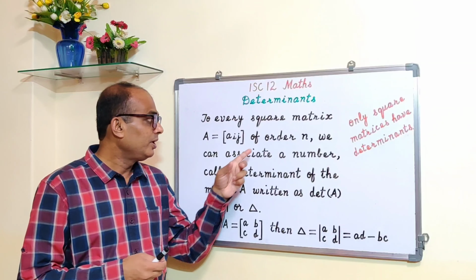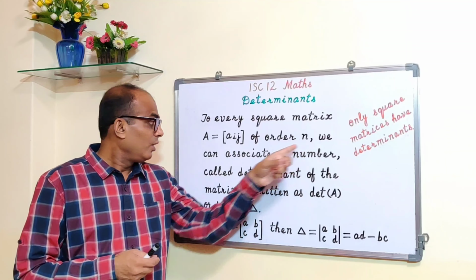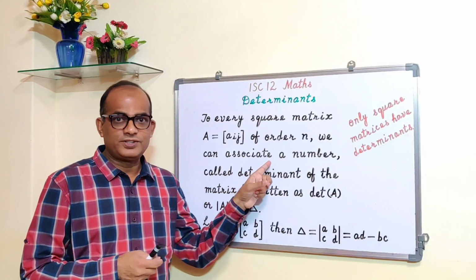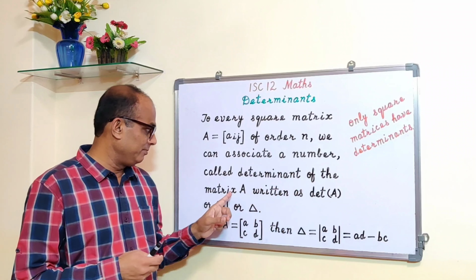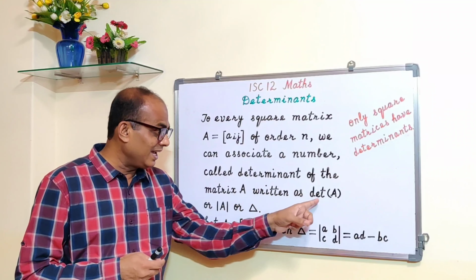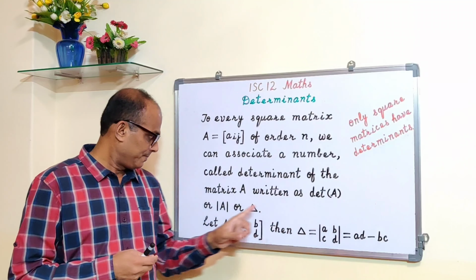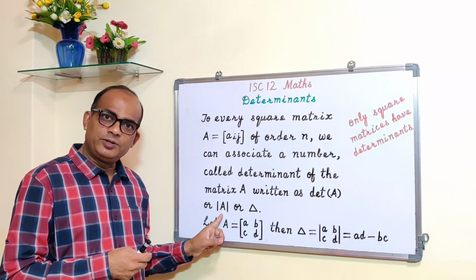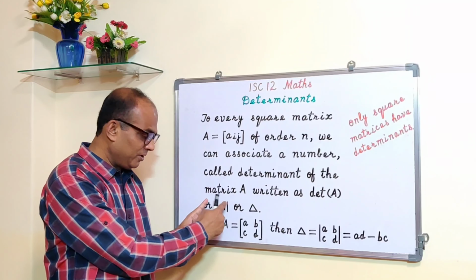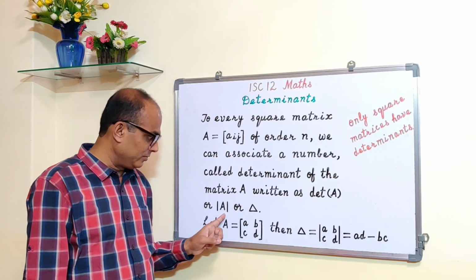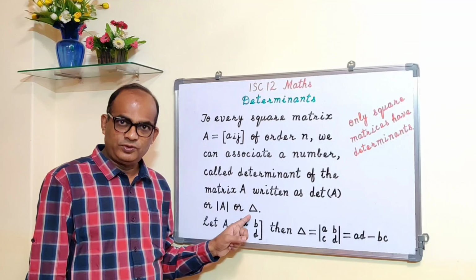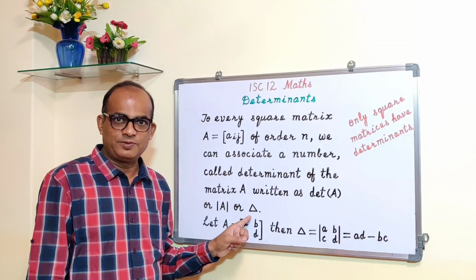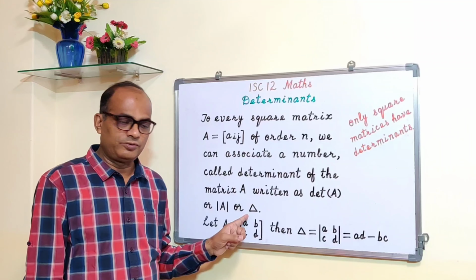and jth column of order n, we can associate a number called determinant of the matrix A, written as determinant of A, or determinant of A between two vertical lines, or delta, which means determinant of A. We use delta to represent the determinant of a matrix.